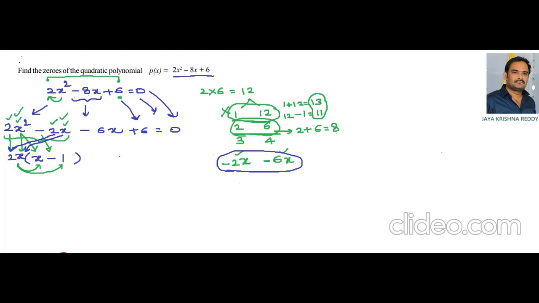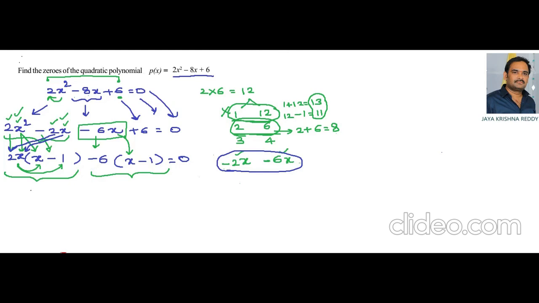Now write the term which is in the bracket again, x minus 1, and now compare with the third term. Minus 6x is the third term and x is there already in the bracket. The remaining term which you have to write outside is minus 6, equal to 0. Now here we have two terms, 2x into x minus 1 and minus 6 into x minus 1.